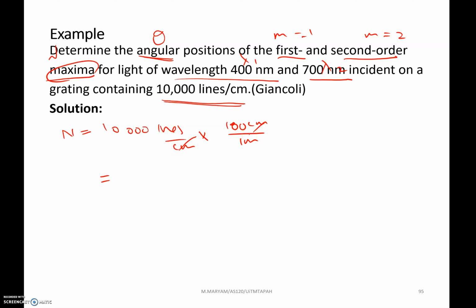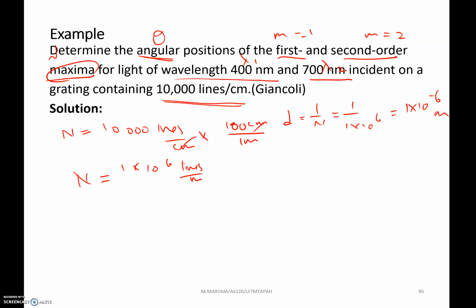Calculate this, you will get 10,000 times 100, which is 1 times 10 to the power of 6 lines per meter. But this is just the n. We haven't gotten the d yet. So calculate the d, which is the distance between slits, which is 1 over n. So 1 divided by 1 times 10 to the power of 6, you will get 1 times 10 to the power of negative 6 meter. That will be your d, the one that we are going to use inside the equation.